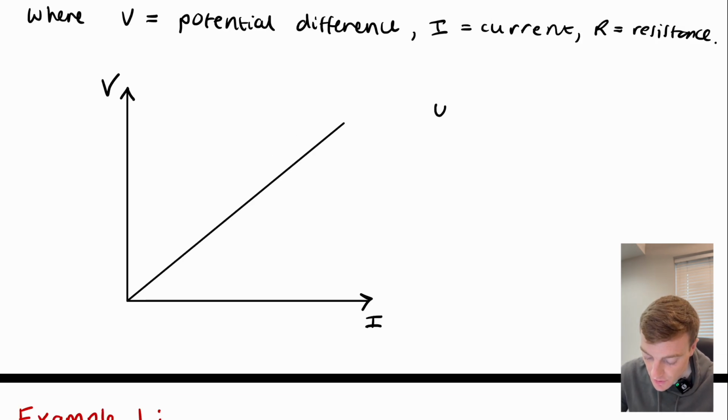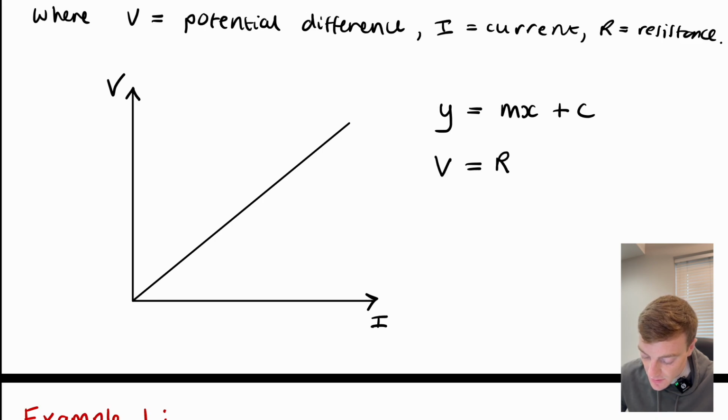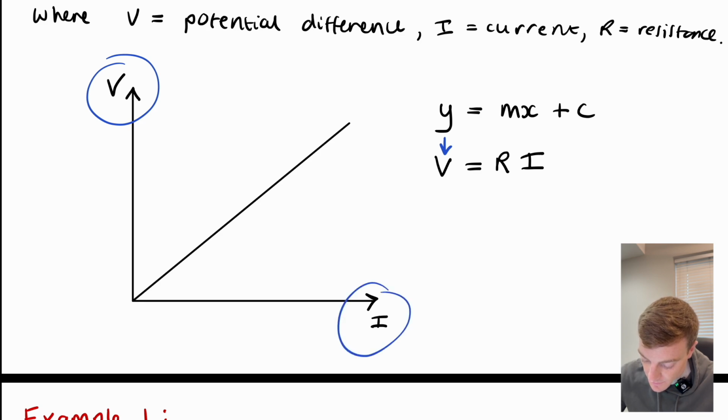From maths, you should know that y is equal to mx plus c is the equation of a straight line. We've just said that Ohm's law is V is equal to IR, but if I write it as R times I, we can see that the y value is V, the x value is I, so the gradient of the graph must be R.